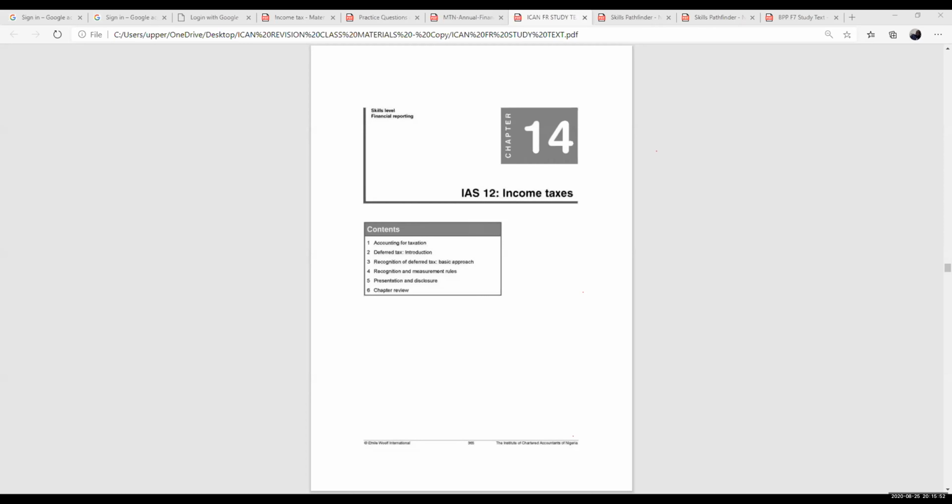Okay, so over the weekend, we were basically reviewing our knowledge of income taxes and its computation. Basically, how to compute income taxes, the current tax portion and the deferred tax portion. Then we attempted questions to solidify the knowledge.